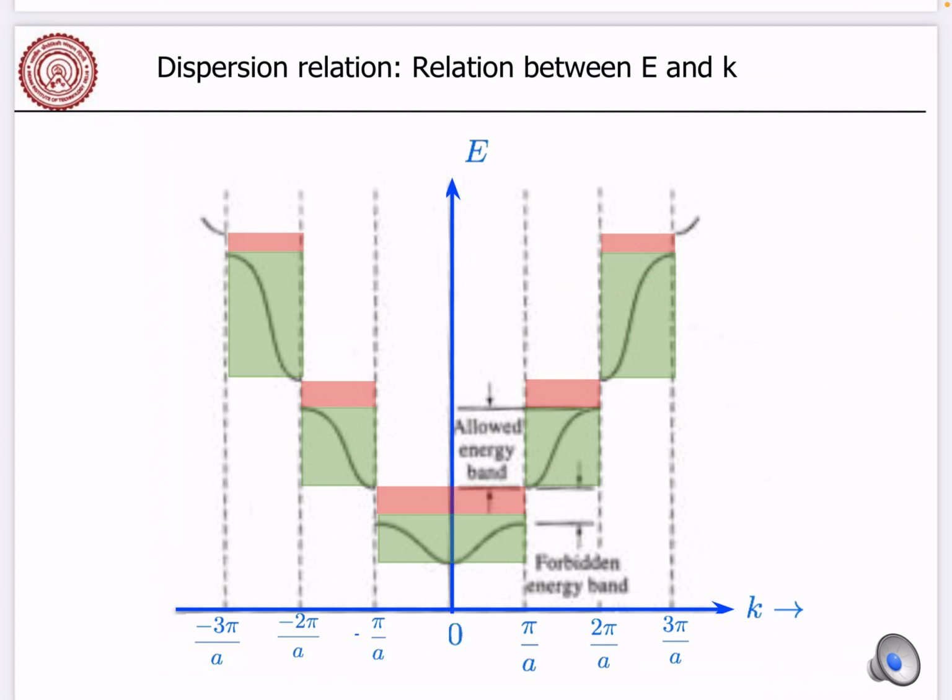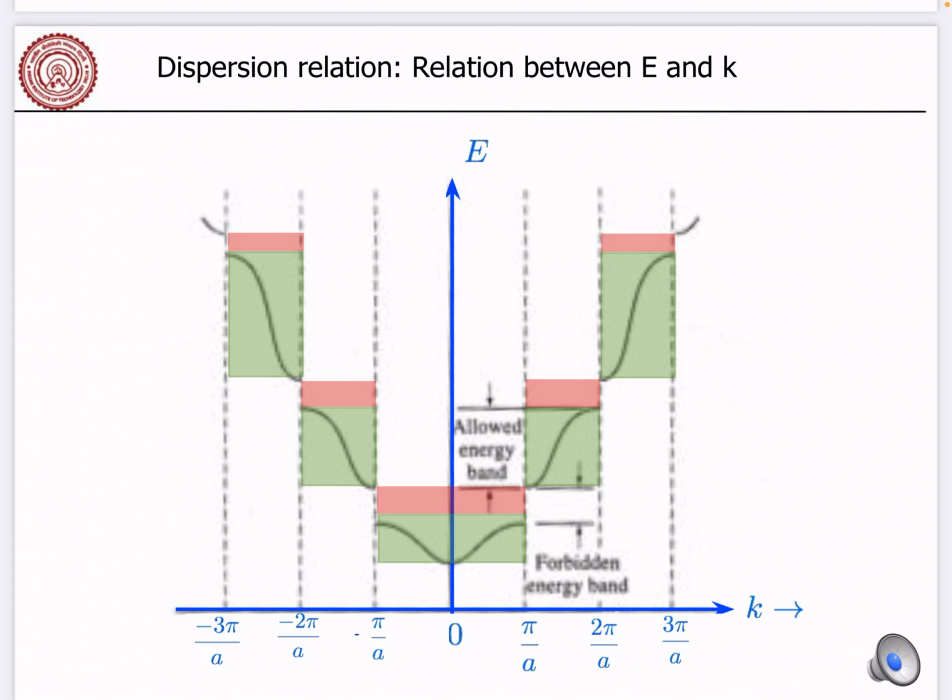That means at pi by a we have seen that there is a discontinuity, so a certain width of the band is forbidden. What it means essentially is that electrons in this solid can't have any energy within this forbidden energy band. Electrons can exist with energies within the allowed energy bands.